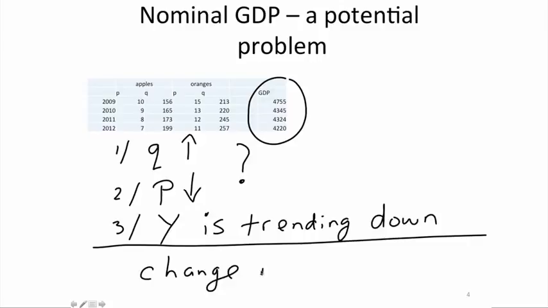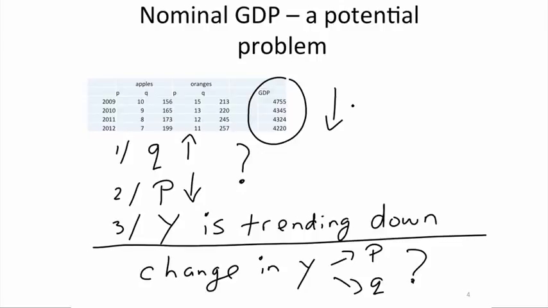Or is it because the quantity is changing? Is it being driven by price? Is it being driven by quantity? If all you were looking at was nominal GDP, how would you know? Here, nominal GDP is falling, but it's disguising the fact that quantities are increasing.